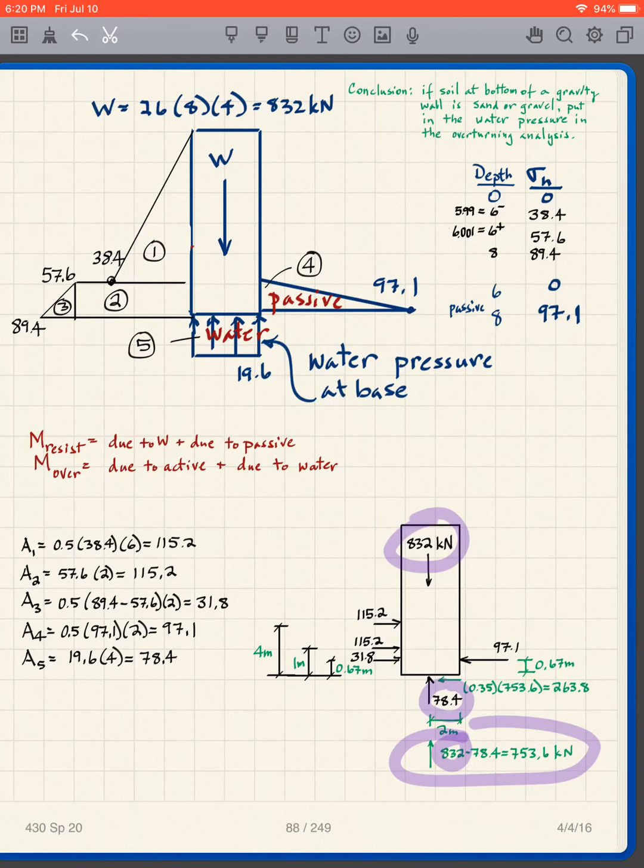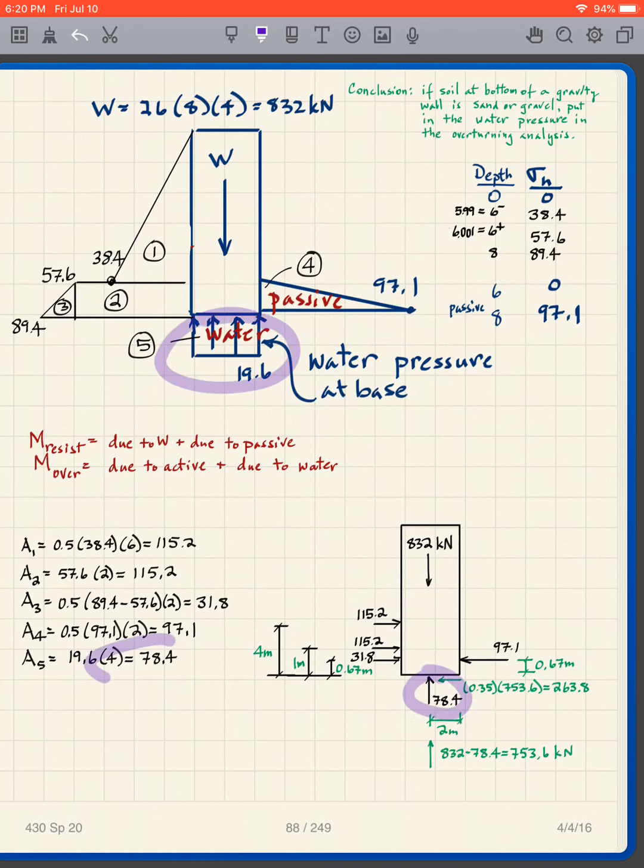I want to have equilibrium in the vertical direction, so the sum of these two has got to be equal to that. And I know that that 78.4 comes from that. So again, that's how I get that particular value.